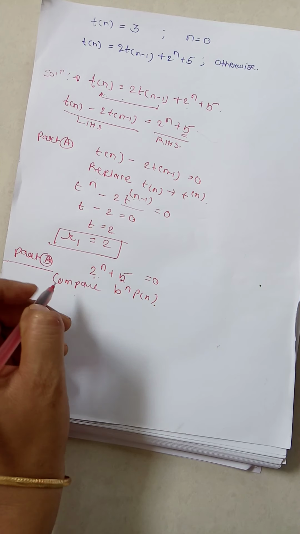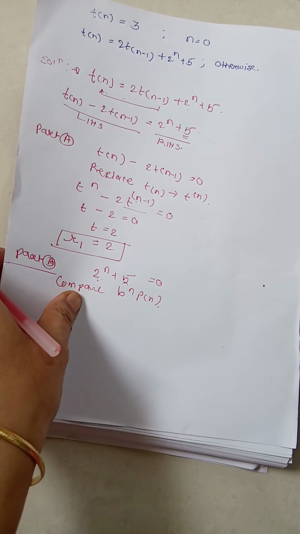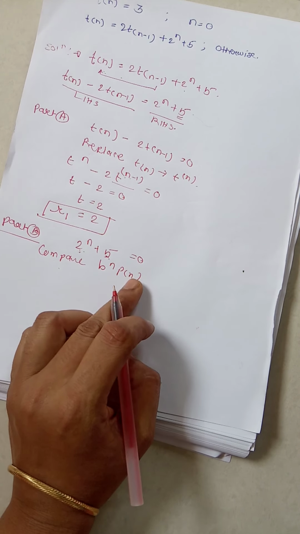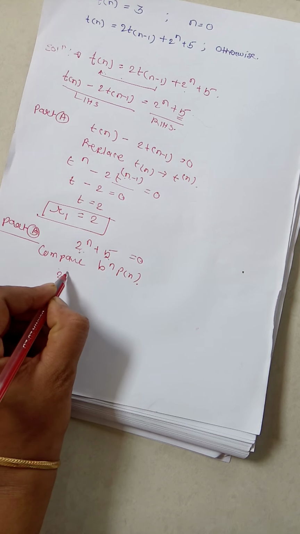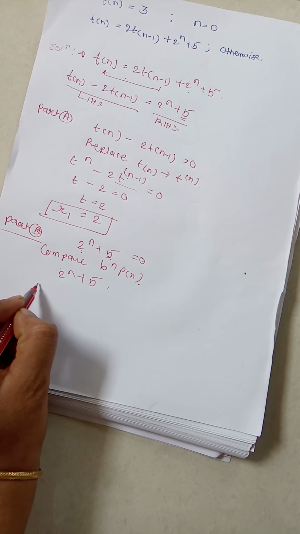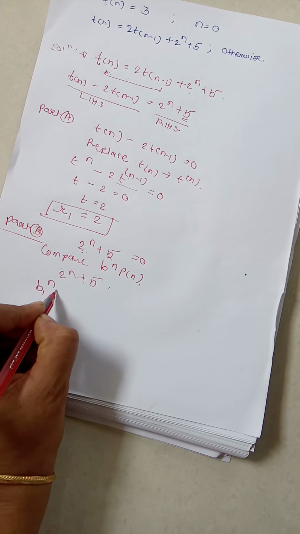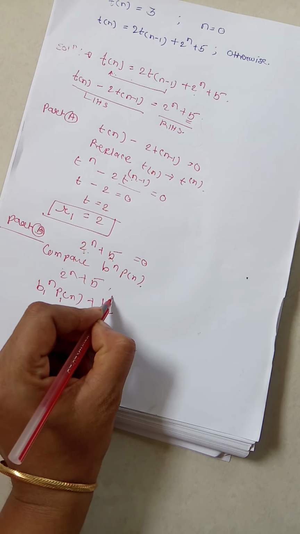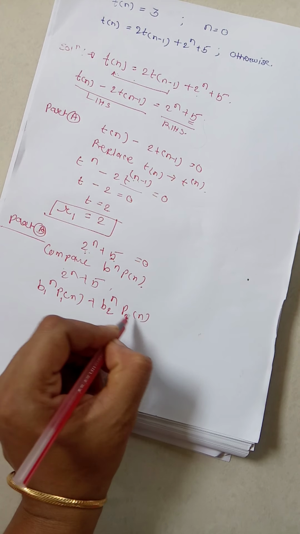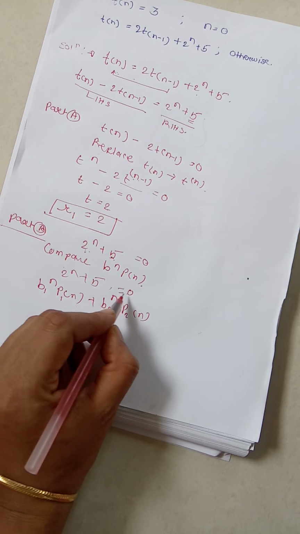So first is b1 to the power n, p1 of n, plus b2 to the power n into p2 of n, that is equal to 0.